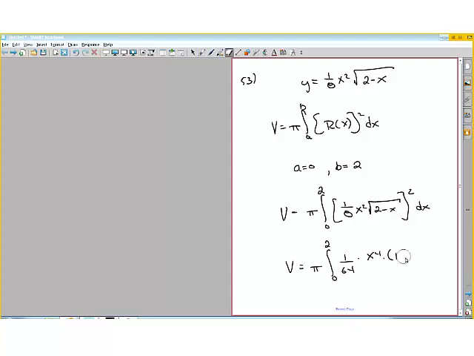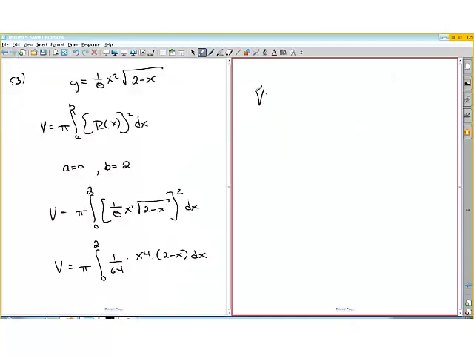When you square the square root, you just get what's inside, so you get 2 minus x, whole thing times dx. And then we'll factor out the 64, so we'll get pi over 64, the integral from 0 to 2 of x to the 4th times 2 is 2x to the 4th, and then you'll get minus x to the 5th. X to the 4th times x is x to the 5th. So it's just a simple polynomial.